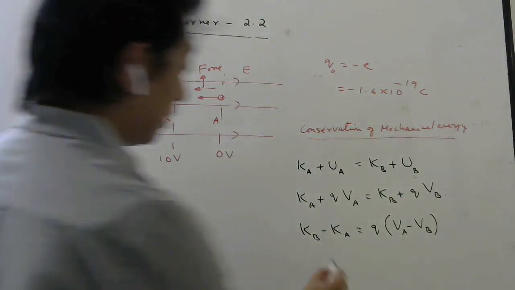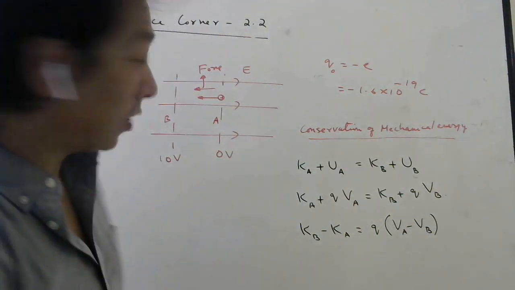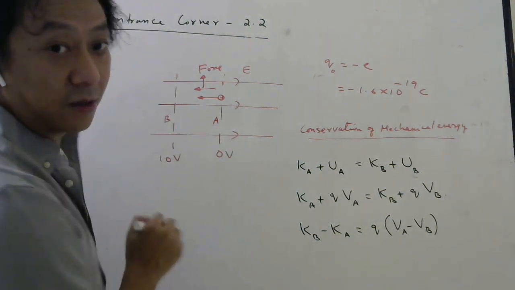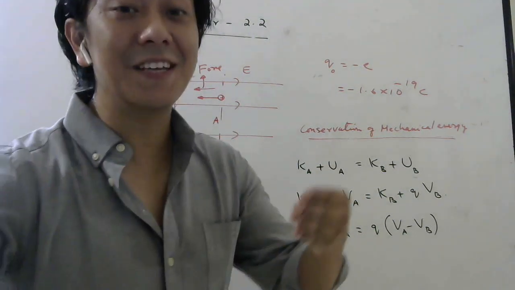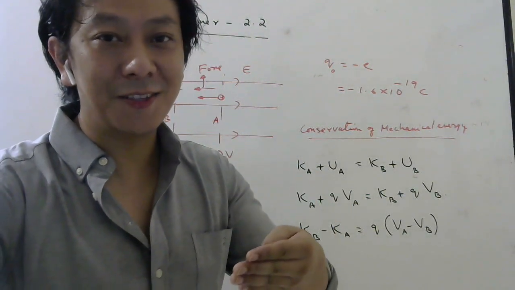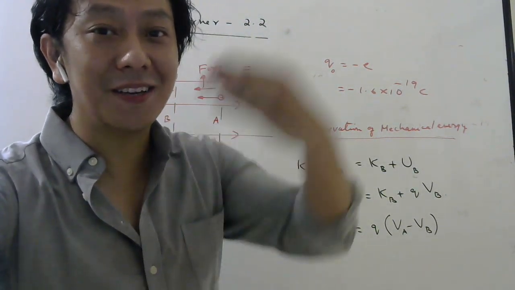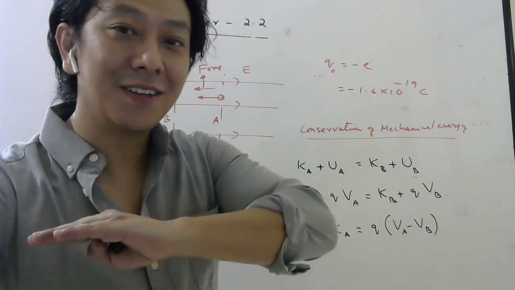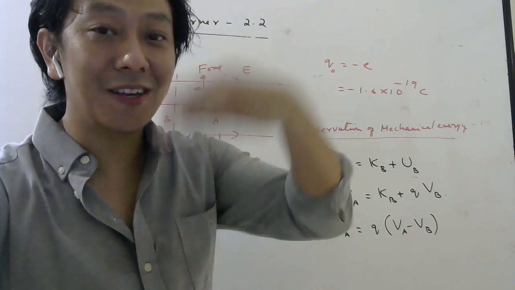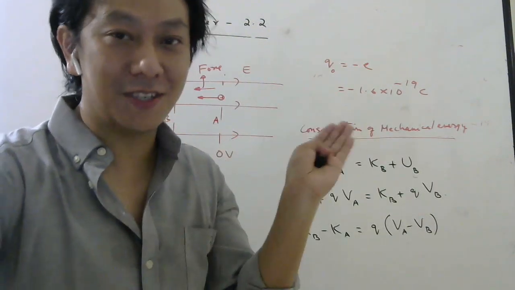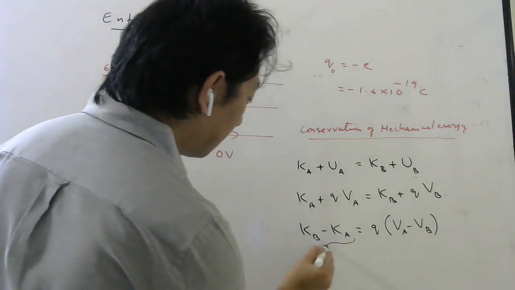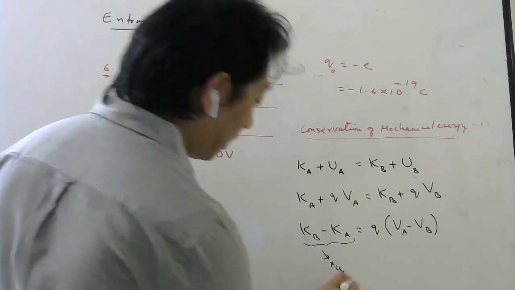Now, if kinetic energy is increasing, then it is very clear that when it reaches here, it should have more kinetic energy. Final kinetic energy should be more. If your marks are increasing, it means your marks in the next test should be more than in the previous test, right? So this should come positive if kinetic energy is increasing.